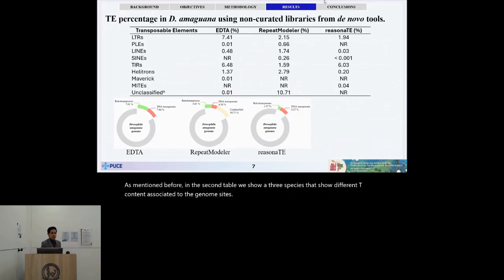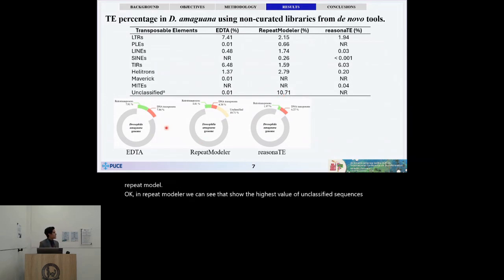In our results, with the de novo tool libraries, using EDTA, RepeatModeler, and RepeatModeler2, we obtain different results. For example, in EDTA, we show a high percentage of LTR retrotransposons, the highest compared to the other tools. But in RepeatModeler, we can see the highest value of unclassified sequences.